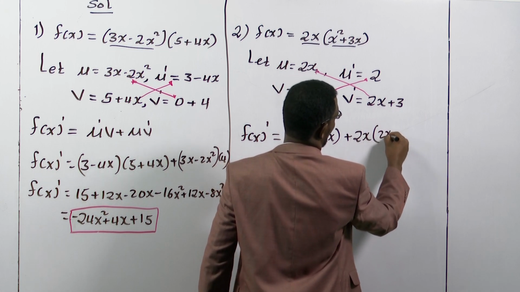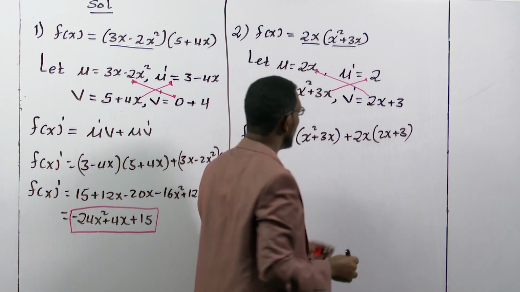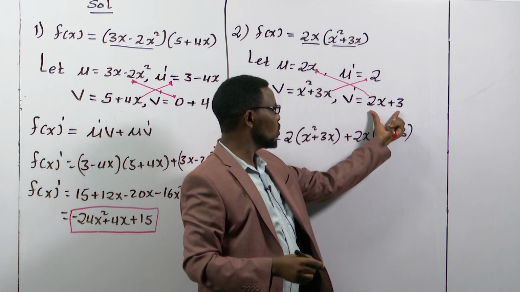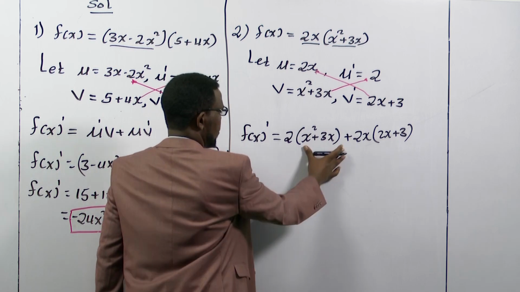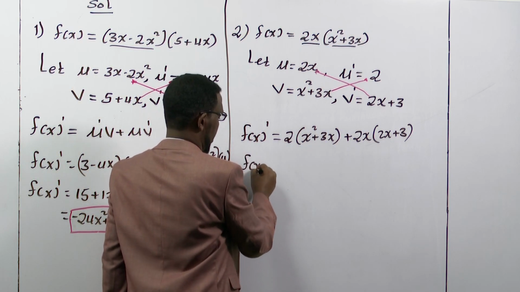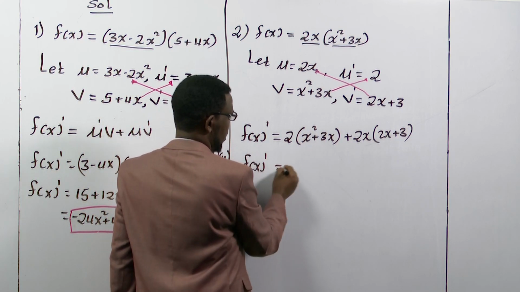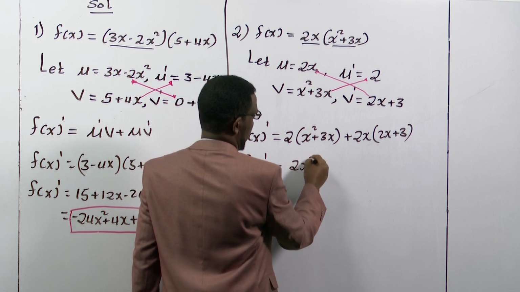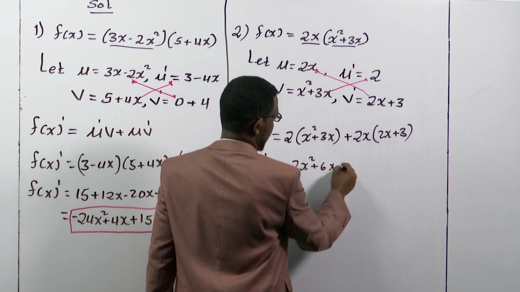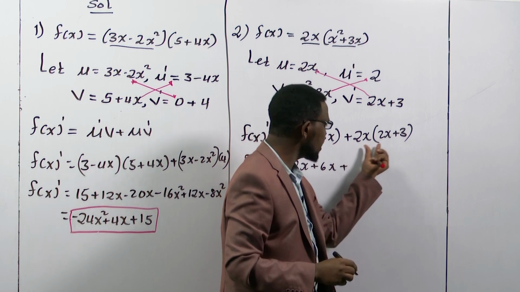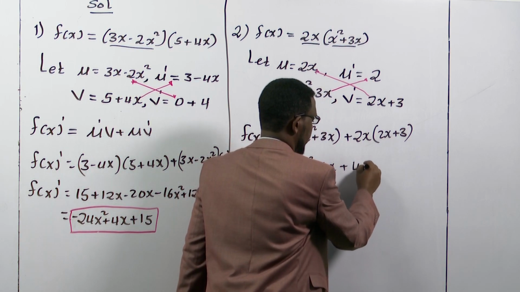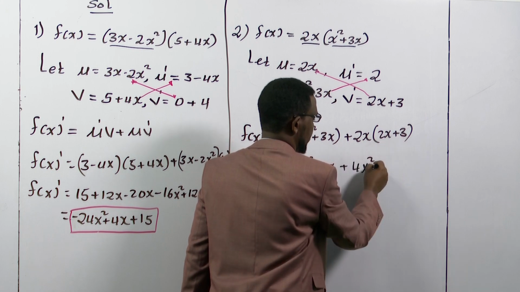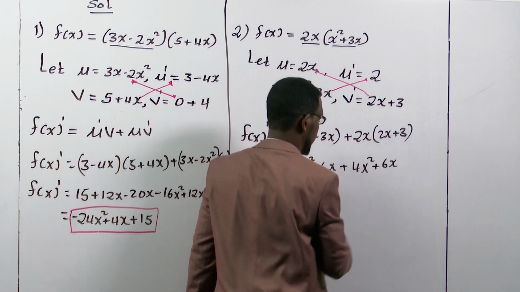We multiply those two: 2x into 2x plus 3. Then simplify this one. f(x) prime is equal to 2x squared plus 6x plus what? 2x times 2x is equal to 4x squared. 2x times 3 is 6x.